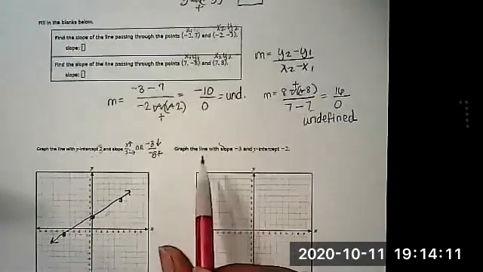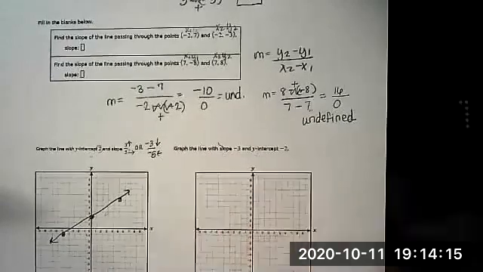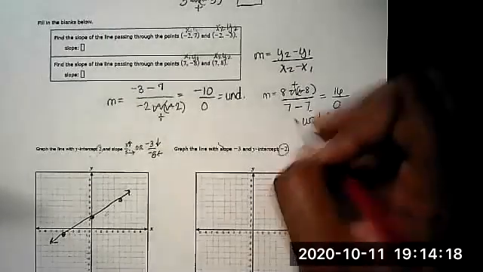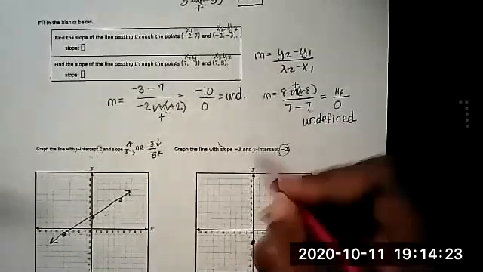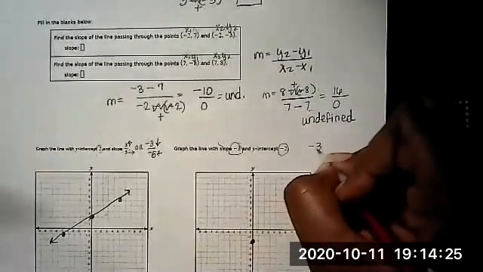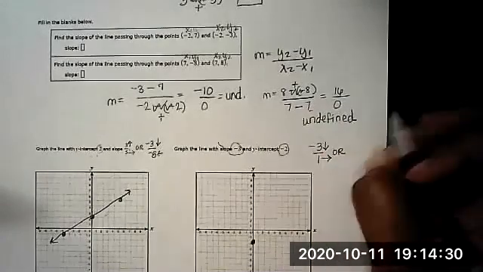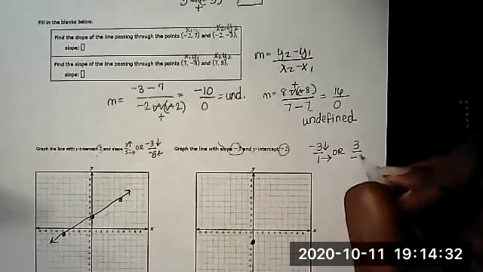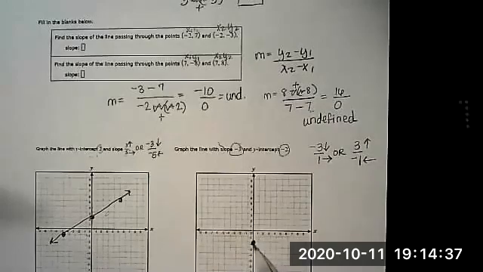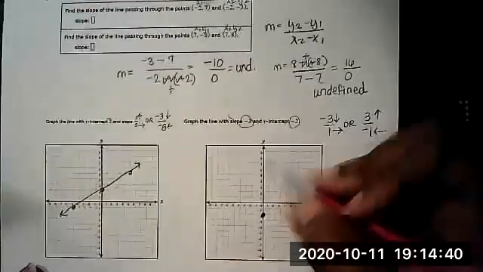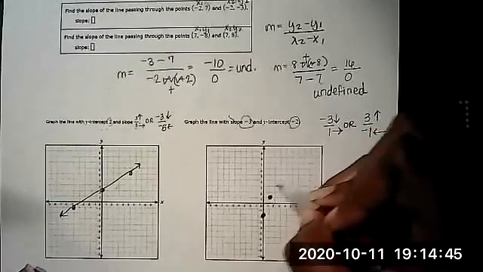All right, so let's graph here. Graph the line with slope of -3, y-intercept of -2. So we always start with your y-intercept of -2. And your slope is -3 over 1, which means down 3, right 1, or 3 over -1, which is up 3, left 1. So at this point of y-intercept, we will go up 3, 1, 2, 3, and of course, we could keep going.